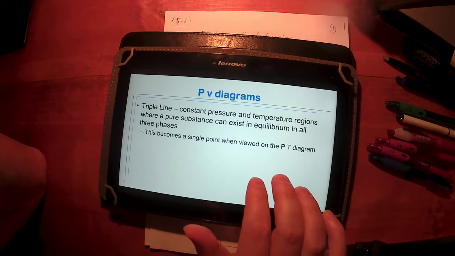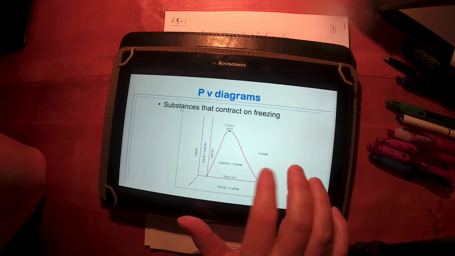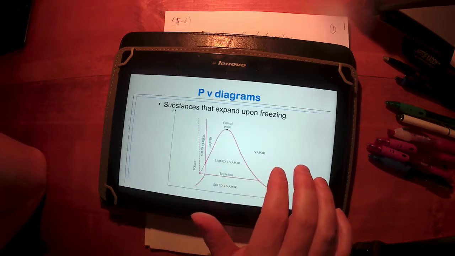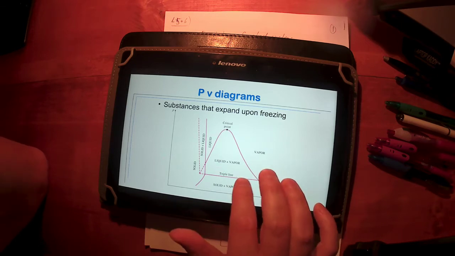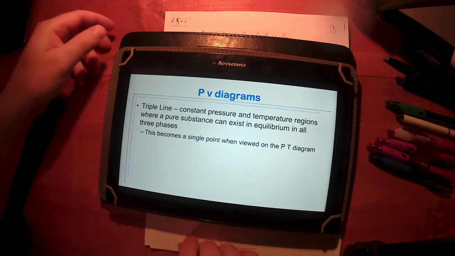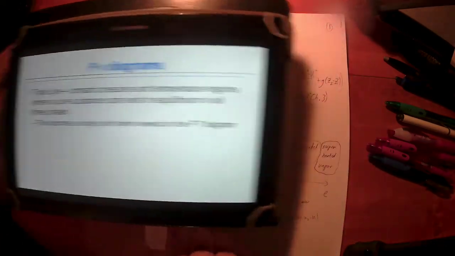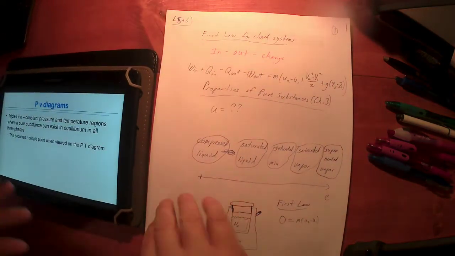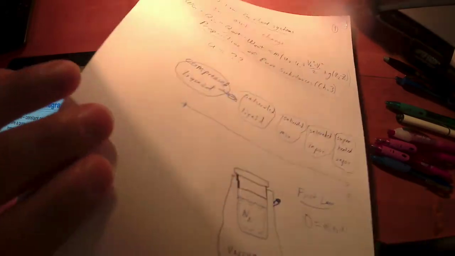Now, these are both PV diagrams, and we would see this line also on TV diagrams, temperature versus volume. Now, there is a third combination, a third set of dimensions, if you will.